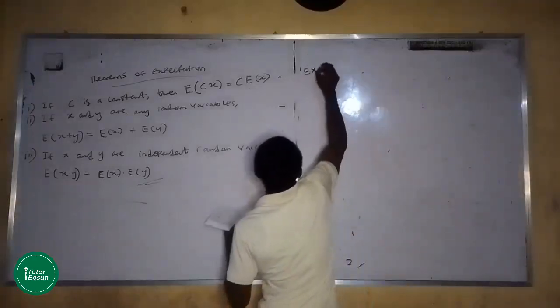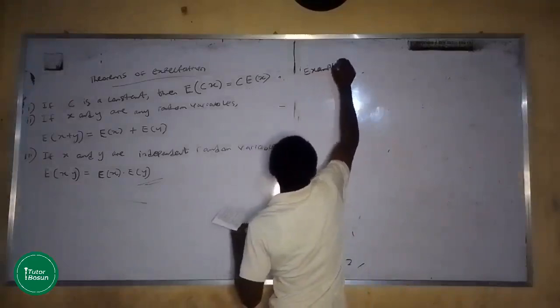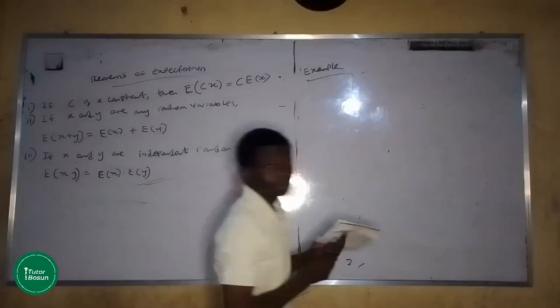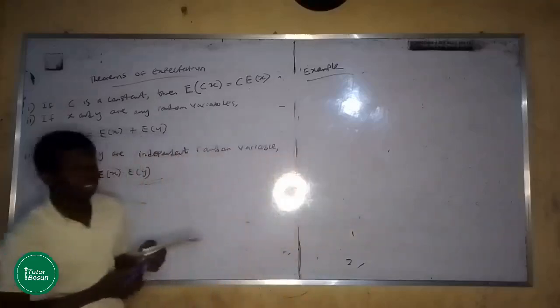Example. Here we move into the expected value under probability density function.